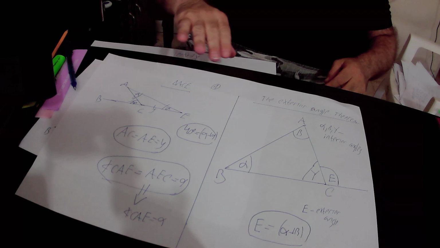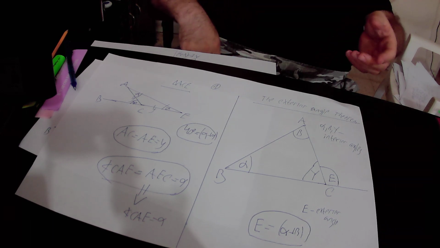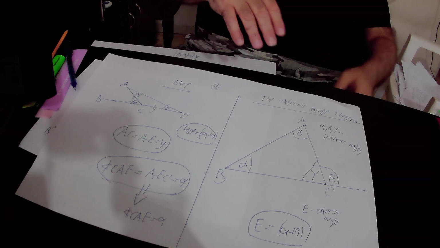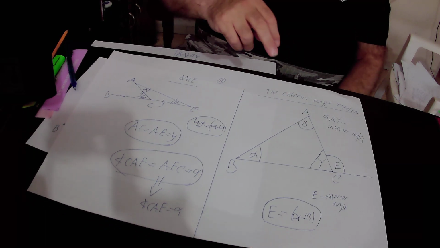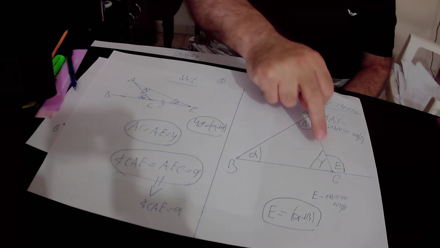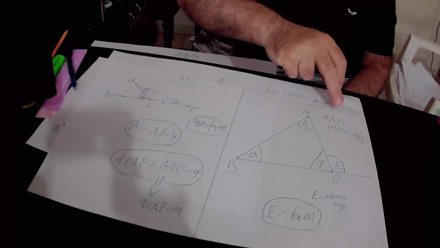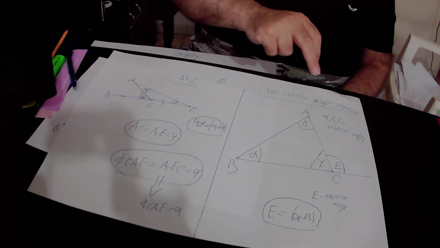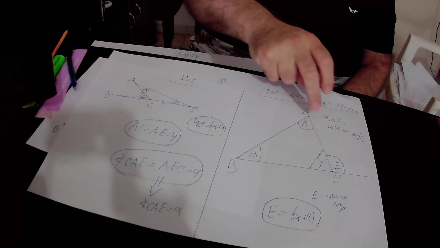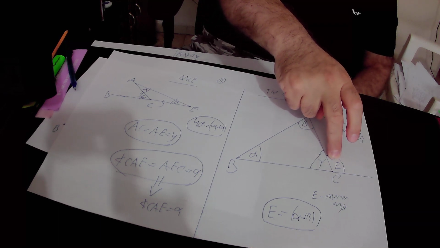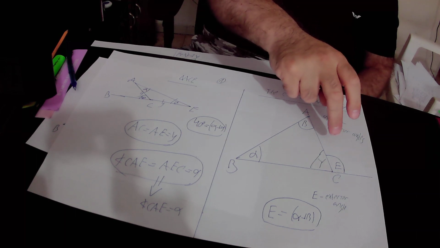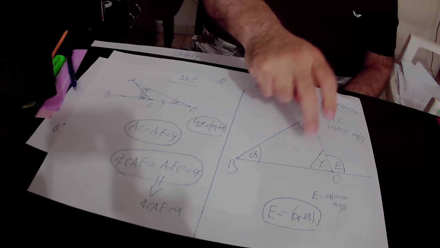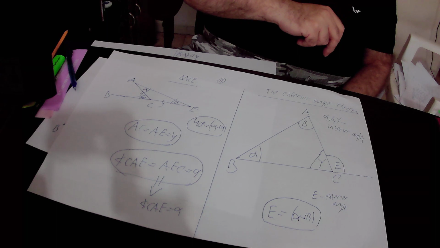Then I mentioned the exterior angle theorem. Here we have triangle ABC that could be any triangle. In triangle ABC, angles alpha, beta, and gamma are defined as interior angles because they are located inside the triangle, while this angle E is defined as an exterior angle because it is located outside the triangle.